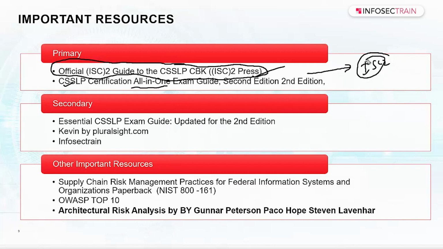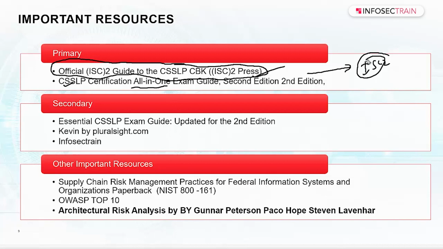If you have a budget, then you can purchase the ISC Square study material. ISC Square has already introduced a new version of CSSLP, called the student edition. But I still recommend that if you don't want to invest much money, you can go with the 2nd edition of CSSLP, which is from 2013 or 2012. I believe 80% of the content is still covered.